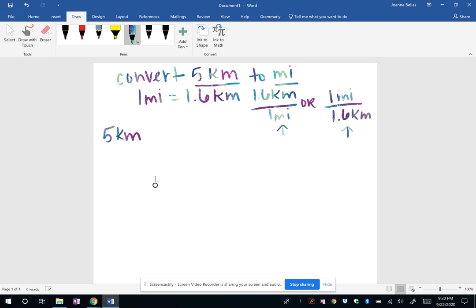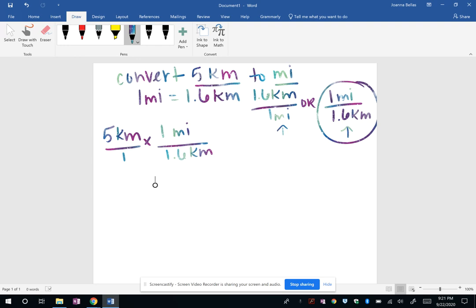That's the beginning of my equation. To cancel out kilometers, according to my fraction rules, I need kilometers on the bottom because kilometers divided by kilometers equals 1. So I'm going to use this one, because kilometers is on the bottom. The next step is to write it out. So we have 1 mile on top, and 1.6 kilometers on the bottom.